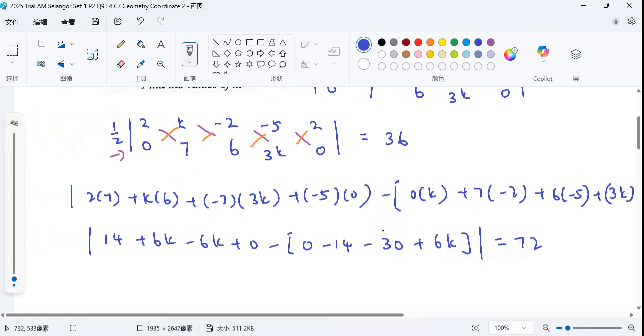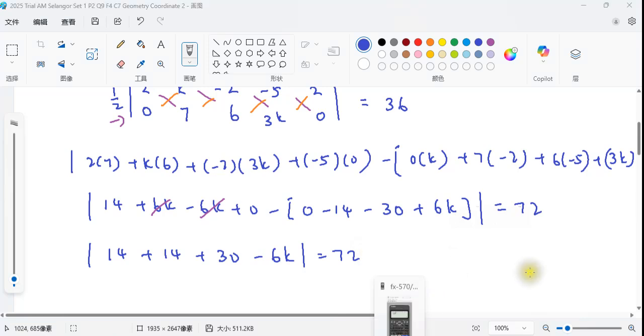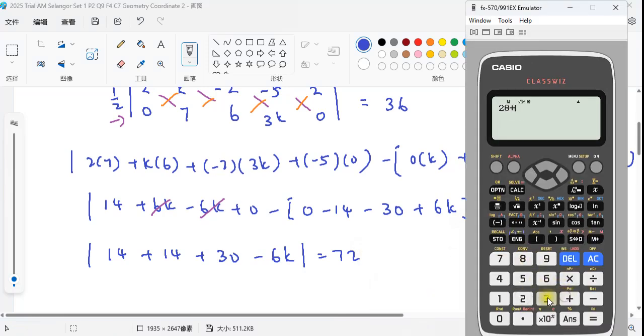So it will become 6k minus 6k, then we have the modulus of 14 plus 14 and then plus 30 and then minus 6k equals 72. So 28 plus 30 is 58.